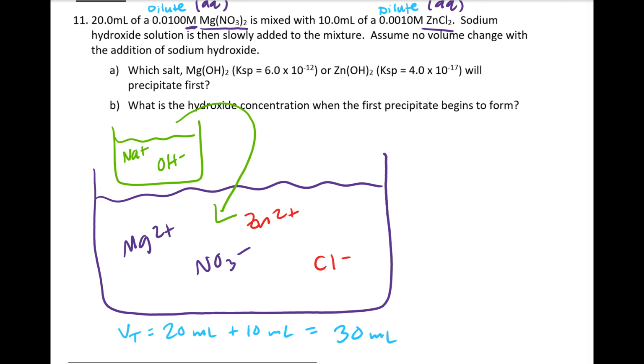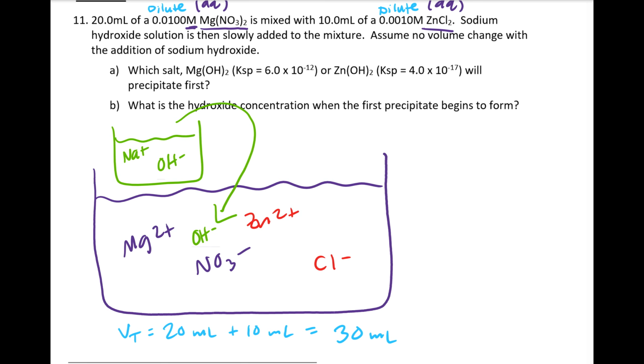As we add this solution, the sodium and the hydroxide ions are going to start to interact with our original ions in solution. The hydroxide is the important ion here because sodium is always soluble, so it doesn't make any precipitates. What we care about is the hydroxide as it's added to the solution.